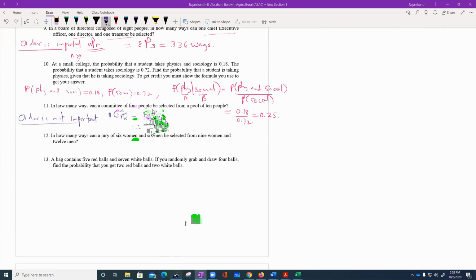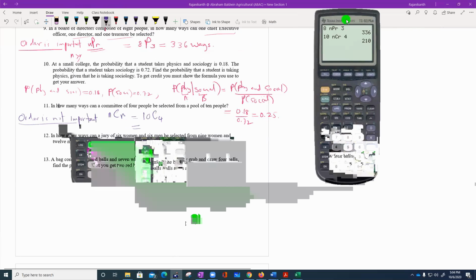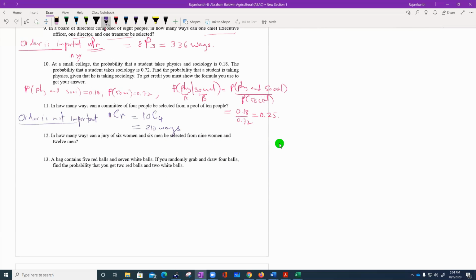First type 10, then go to Math, go to number 4, PRB, then choose nCr, number 3. Then type 4. So 10C4 is 210. So there are 210 ways you could choose 4 people from 10 without considering order.